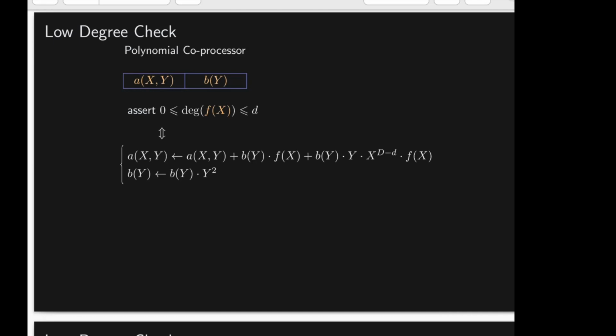So there are, in every degree check, this accumulator accumulates two terms, and we also have to update the register that tracks the powers of Y.